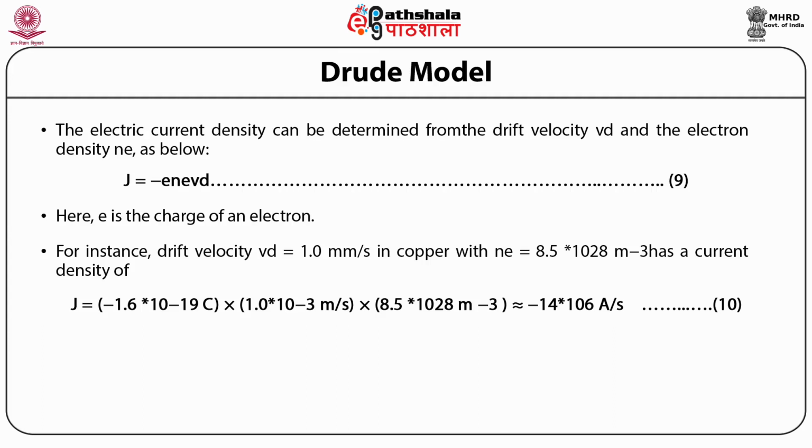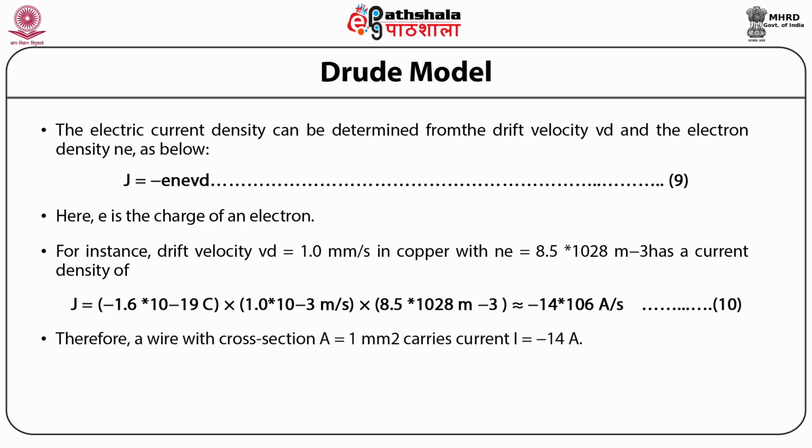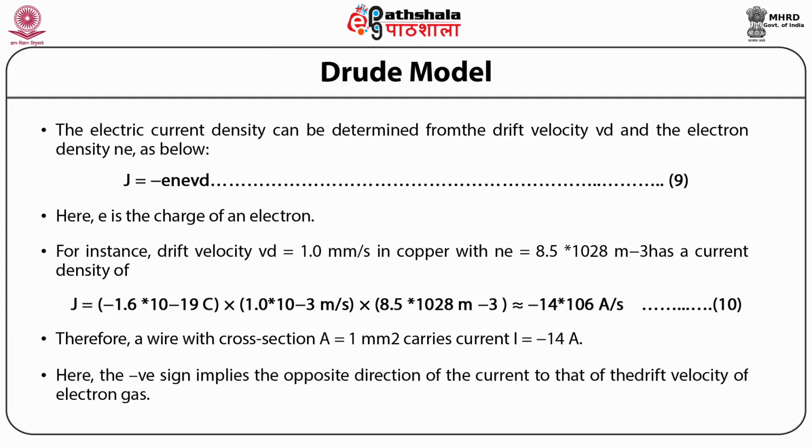This is equivalent to minus 14 into 10 raised to power 6 ampere per square meter. This is represented as equation 10. Therefore, a wire with cross-section A equal to 1 millimeter square carries the current I equal to minus 14 ampere. Here, the negative sign implies the current is opposite in direction to the drift velocity of the electron gas.